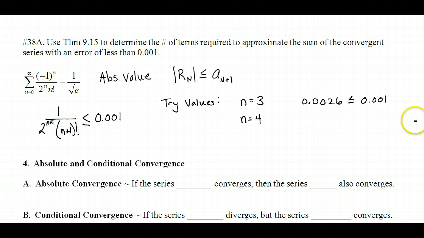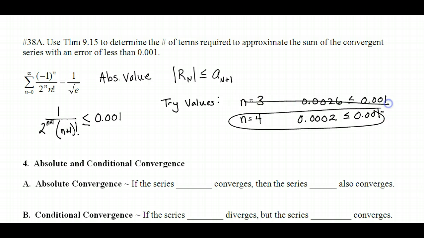Well, when I plug that in, I ended up getting 0.0002 blah blah blah. And is that less than or equal to 0.001? Yes, that works. The first one didn't. This works. This is good. So that's if n is equal to 4.